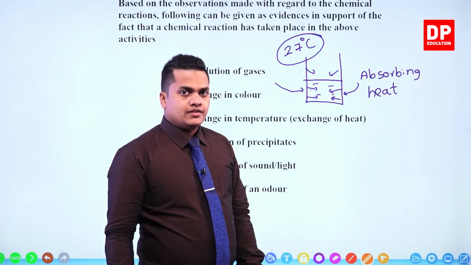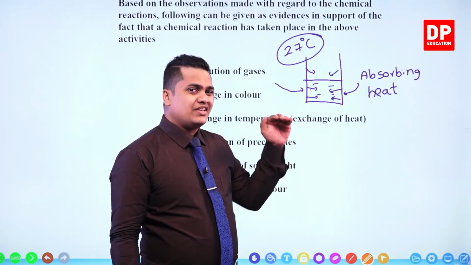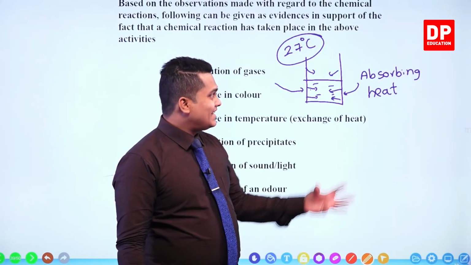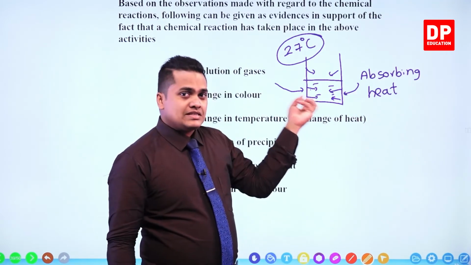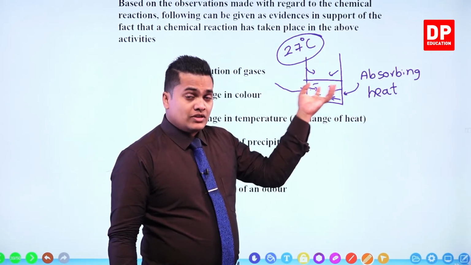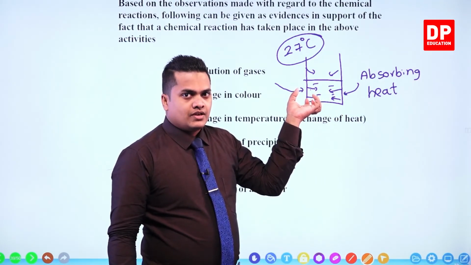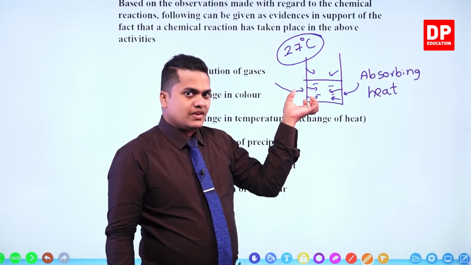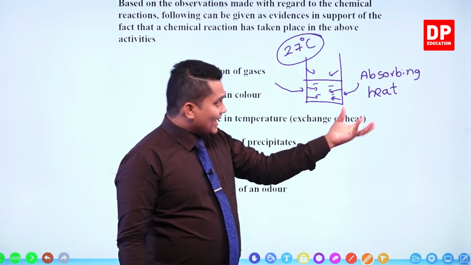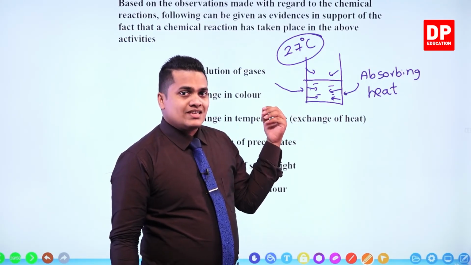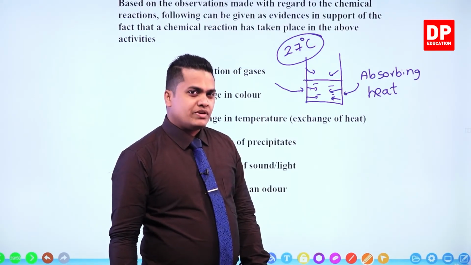So when you are mixing certain things, if the temperature reduces, the heat has been absorbed into the system or into these solutions, which are referred to as reactants, right? The initial substances in a chemical change are called reactants. So if heat is absorbed by the reactants, then the temperature is going to drop down.